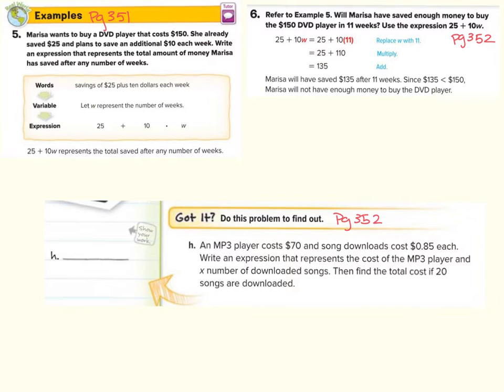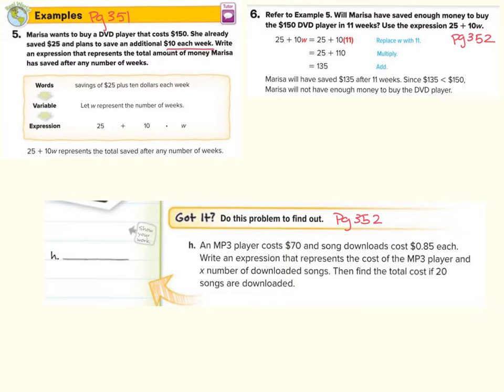Also down below on page 351, we have problem number 5 for your example. This is where you actually get into the technique of writing using words. So Marissa wants to buy a DVD player that costs $150. She already saved $25 and plans to save an additional $10 each week. Write an expression that represents the total amount of money Marissa has saved after any number of weeks. So this $10 each week, that's going to be our multiplication part.